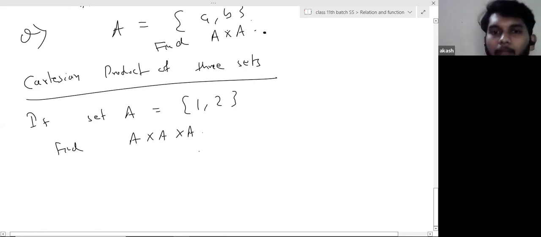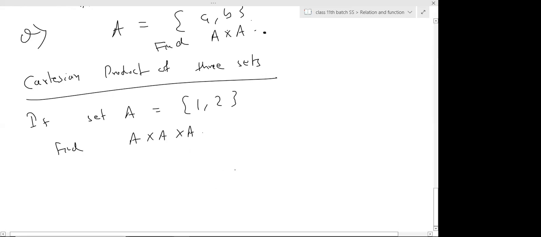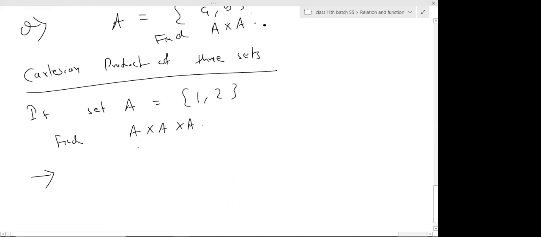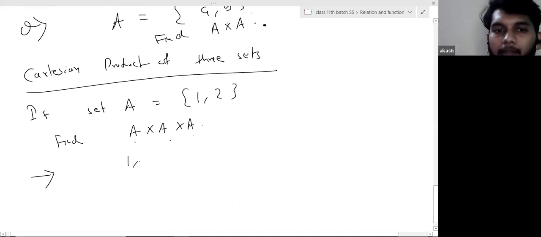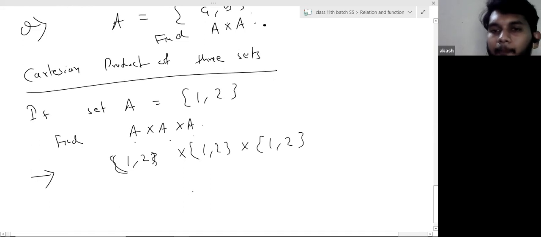Fahad, Arnav, do you guys want to try this? So I don't know how to do this. All right. See, A cross A cross A means 1 comma 2 cross 1 comma 2 cross 1 comma 2, right? So how to solve this?